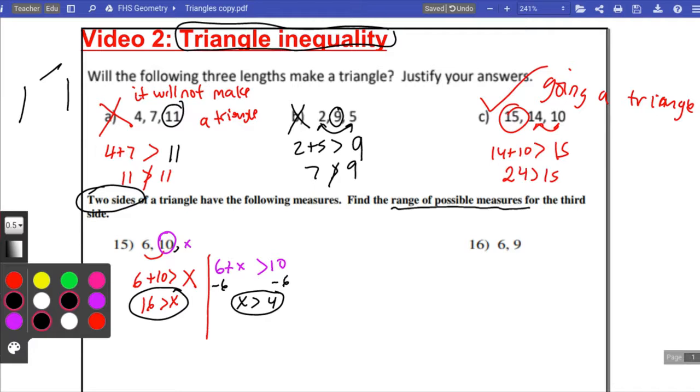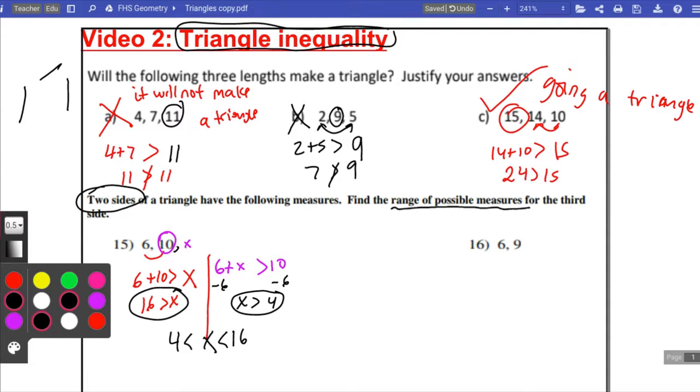So you can write it this way. How are we going to write it? We'll put X in the middle. I'm going to put the symbols going the same direction. And then I'm going to put 16 right here, and I'm going to put the 4 right here.